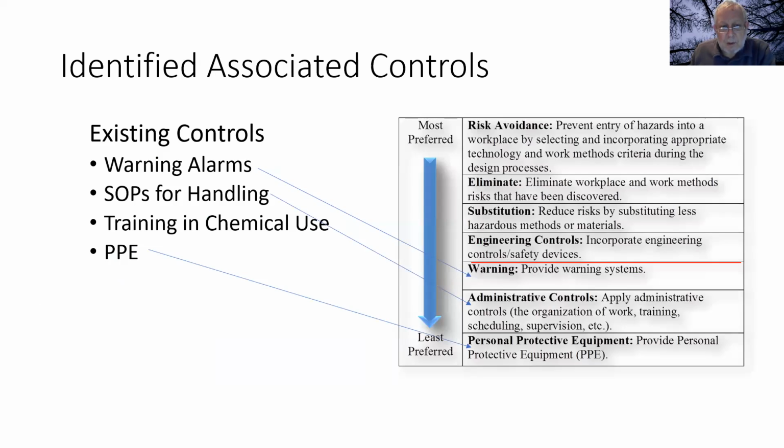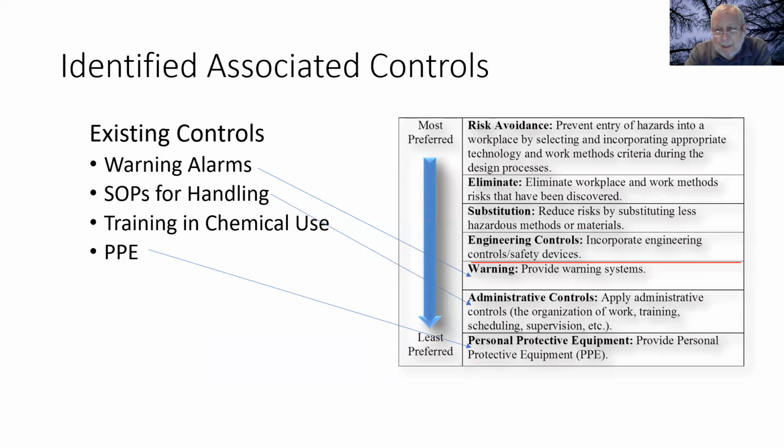Now, they identified existing controls. You know, this is their hierarchy of controls they're using. And again, hierarchy of controls, they're all the same in theory. So these aren't too different from the one we're using. They added risk avoidance: prevent entry of hazards into a workplace by selecting and incorporating appropriate technology and work methods criteria during the design process.